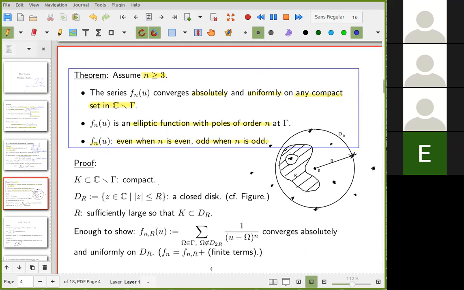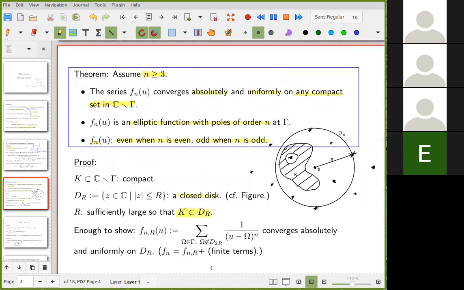Since a compact set in the complex plane is, as you know already from the course of mathematical analysis in the first year, a compact set in Euclidean space should be bounded and closed, there exists a closed disk which contains this compact set as a subset.